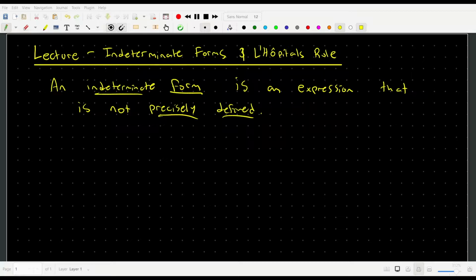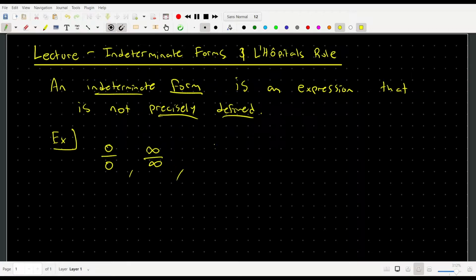So I'll write some of these down right here so you get an idea of what these things are going to look like. The two most important indeterminate forms are 0 over 0 and infinity over infinity. But we also have a number of other very important examples.